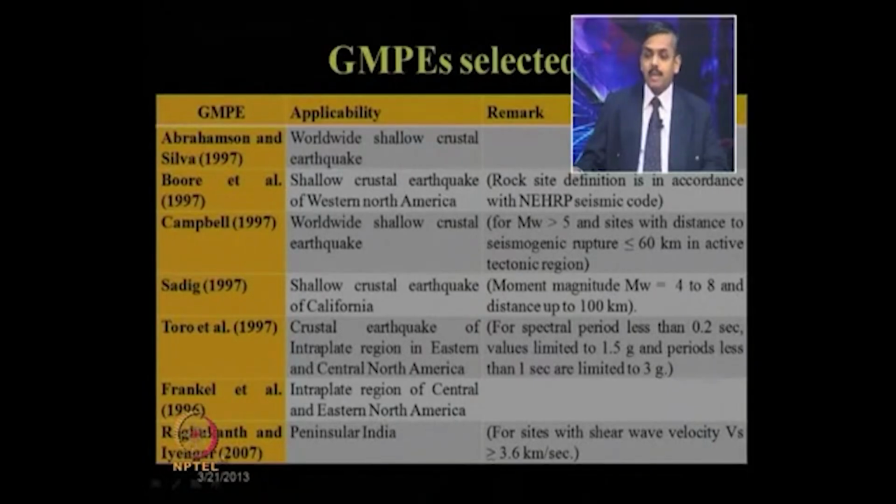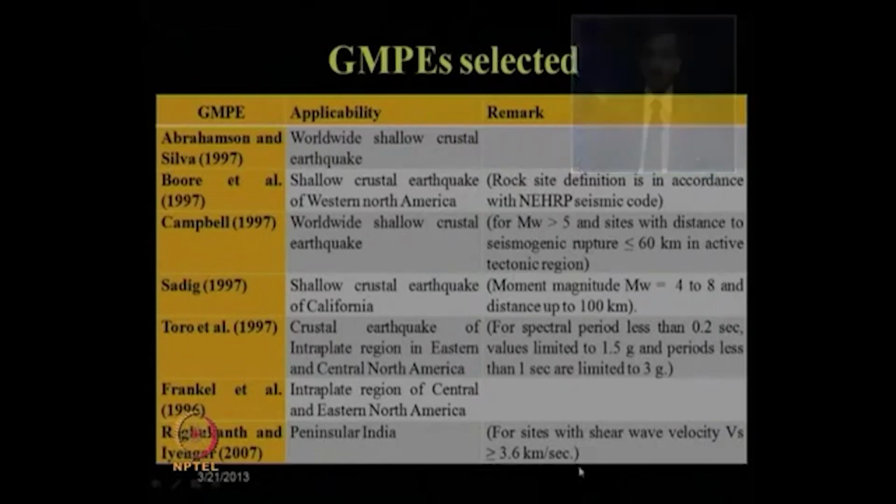Whereas, the Raghukanth and Iyengar attenuation relationship of 2007 is valid for peninsular India, which logically should be more correct to use for doing the seismic hazard analysis for the Gujarat region, which is also in the peninsular India region. But the validity limit for that GMP is for sites with shear wave velocity Vs greater than or equal to 3.6 kilometer per second. Okay? So, that is the crustal velocity.